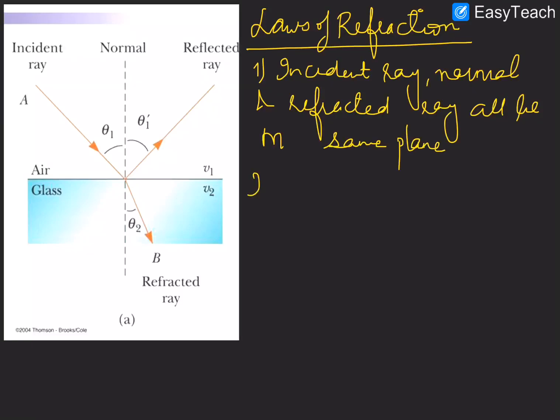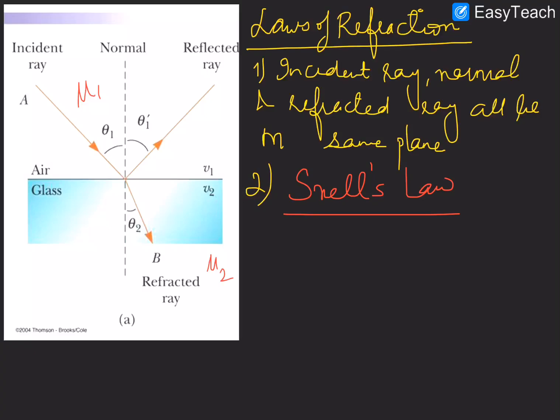The second law of refraction is also known as Snell's law, because this concept was given by a person named Snell. As you can see in this diagram, the incident ray makes an angle with the normal, that is θ1, and the angle which the refracted ray makes with the normal is θ2. Let the refractive index of the first medium be μ1 and that of the second medium be μ2.